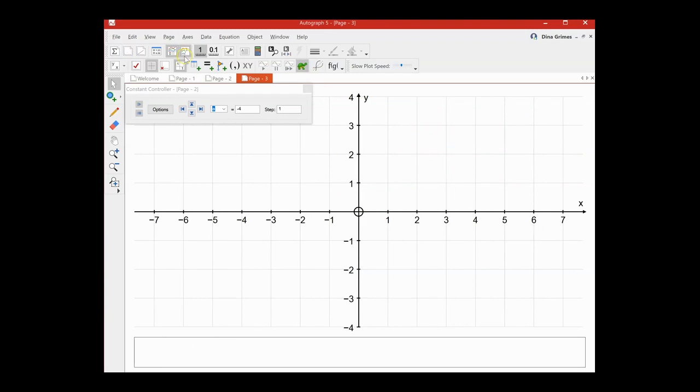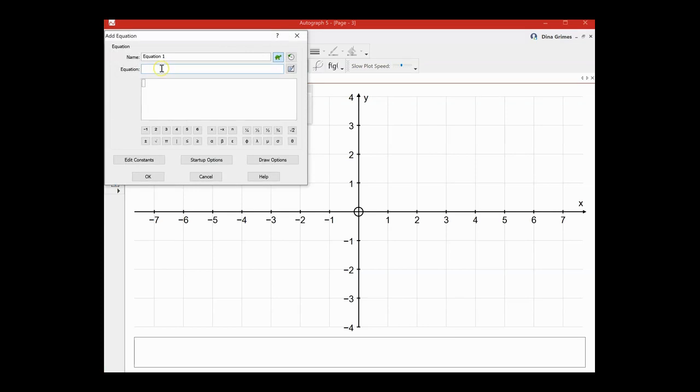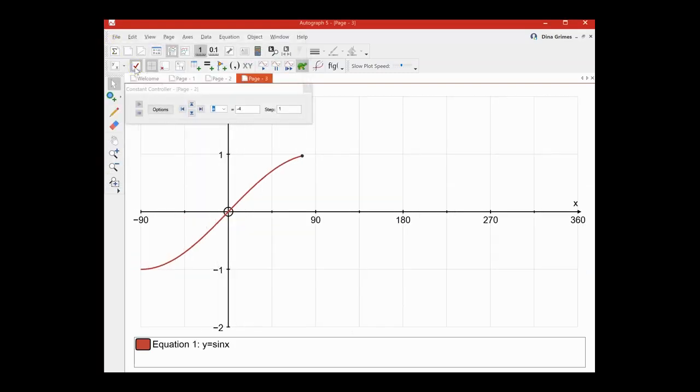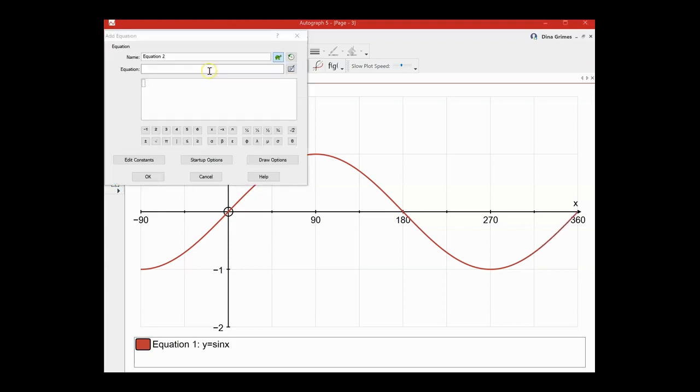So now let's try a trigonometric graph. So first we're going to put in our equation. So y is equal to sine x. So the autograph is now plotting the sine graph for us. Now I'm going to put in another equation, and it's y is equal to sine x, and along the x-axis is our degrees.